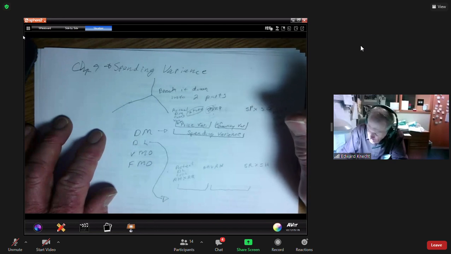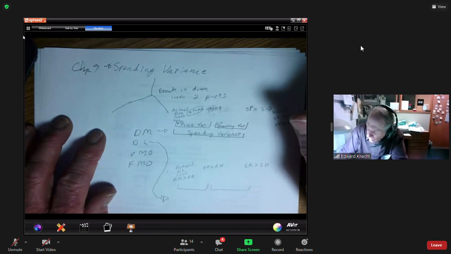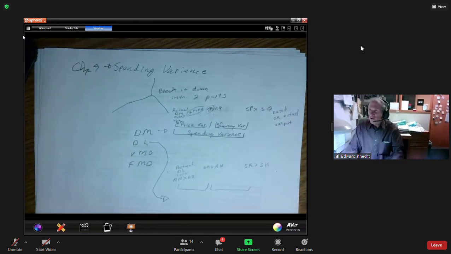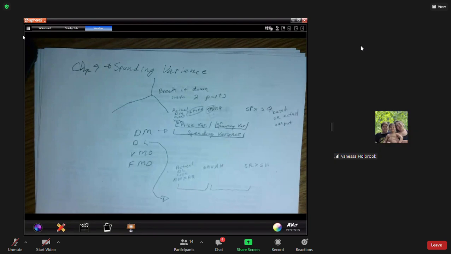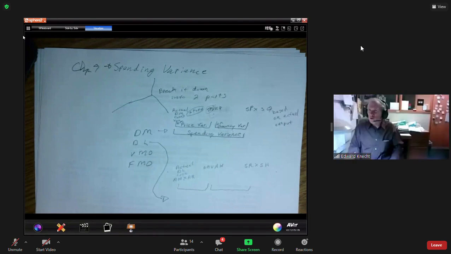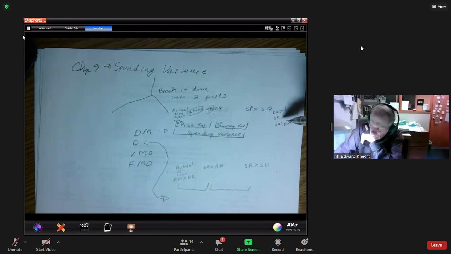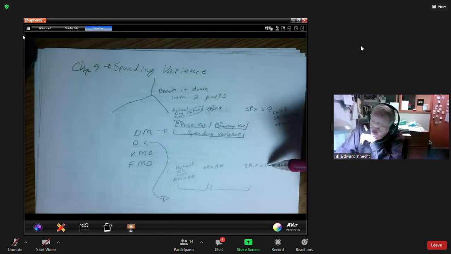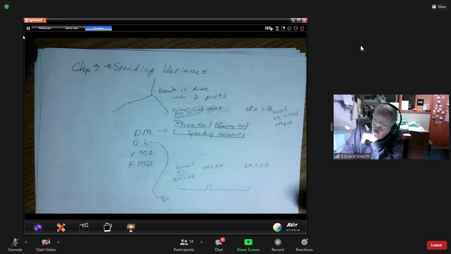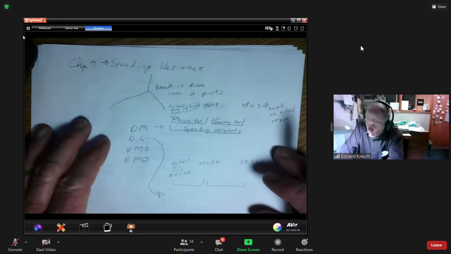So if they produce 10,000 toys, what's the standard say? What's the amount of pounds we're supposed to be using for each toy? So that's how you get it. It's the standard quantity based on the actual output. Same thing with how many hours they should have worked based on actual output.